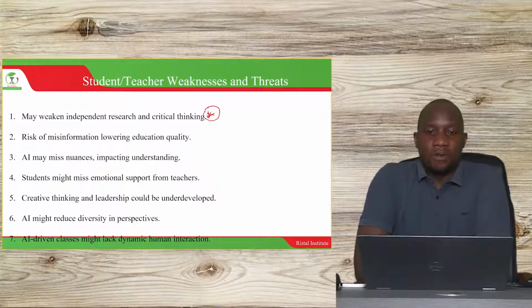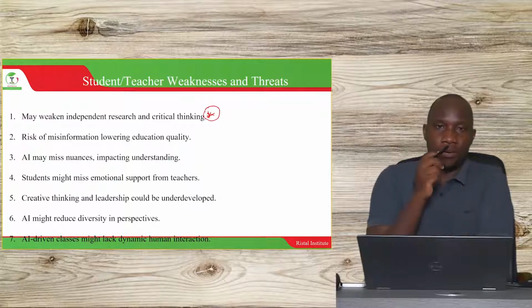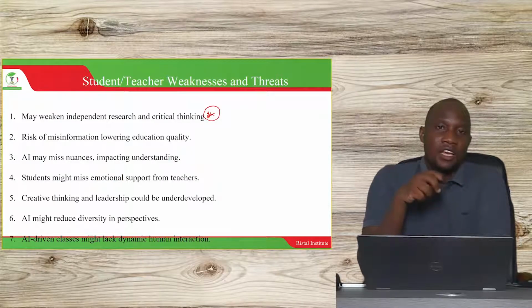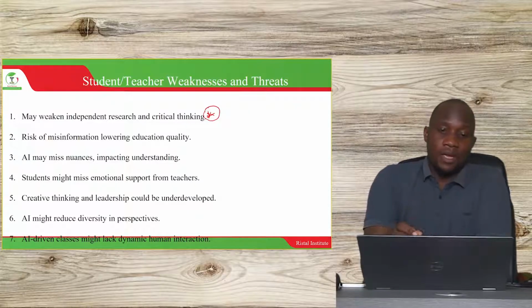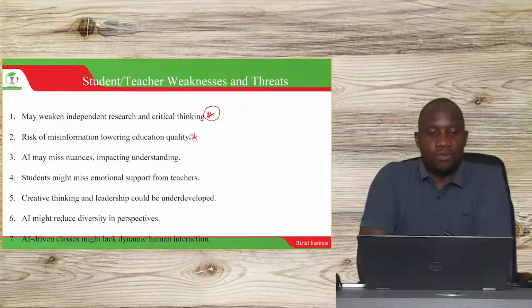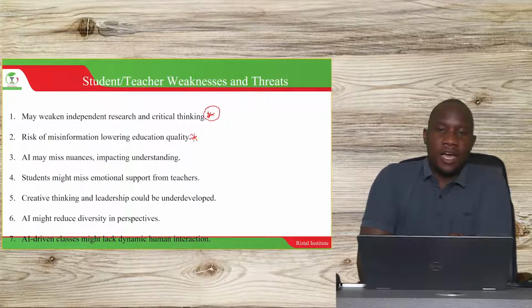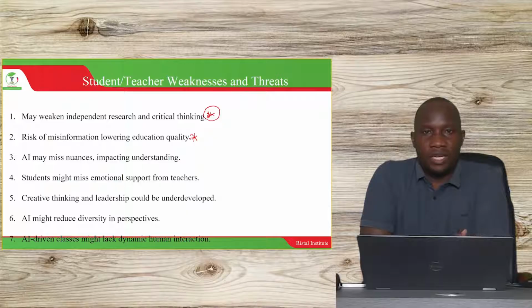You should possess the ability to reflect creatively and critically about issues that you're discussing. And then there's also risk for misinformation. One of the dangers of AI is that they have what I can call inherent biases based on the type of data that they are trained on.